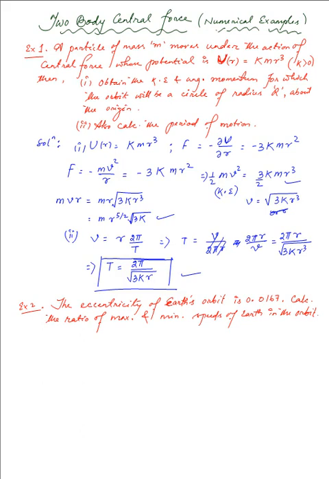And it achieves a minimum speed when it is at the aphelion, where it is at the greatest distance from the Sun.